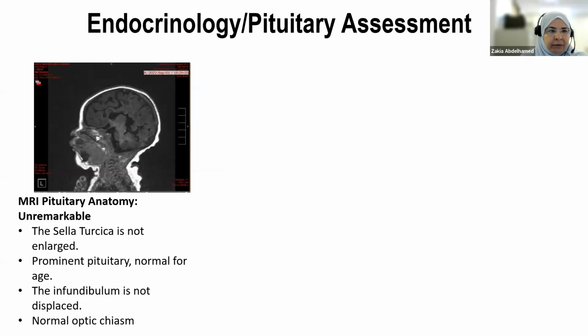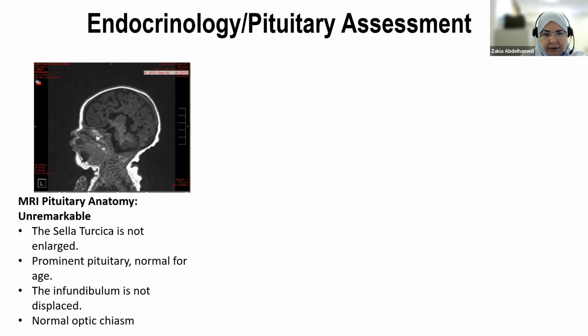When we come to the endocrinology and pituitary assessment, the anatomy of the pituitary was also unremarkable. The pituitary gland lies here on the floor of the forebrain, or the roof of the nasal cavity, and it seems okay for age and sex. The infundibulum of the pituitary gland also looks normal.